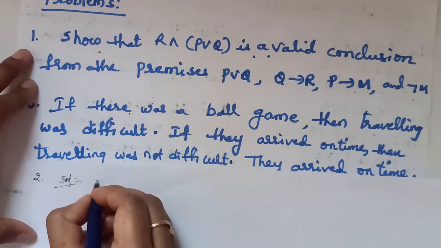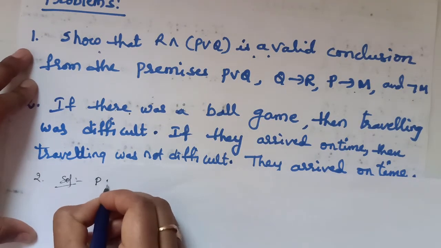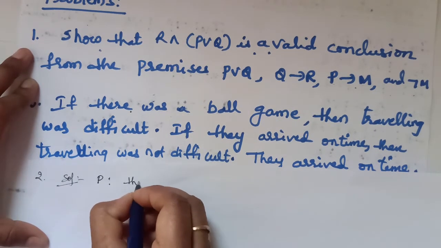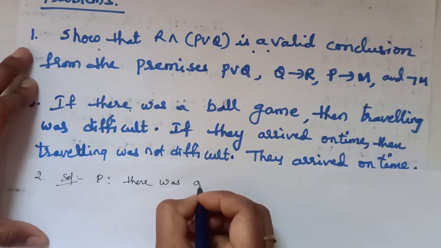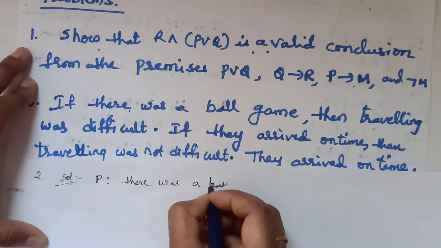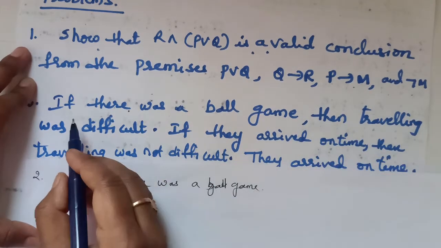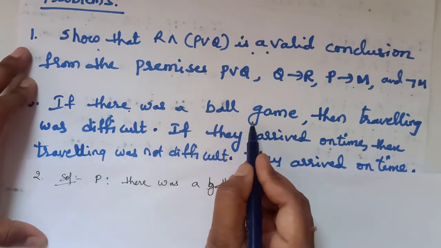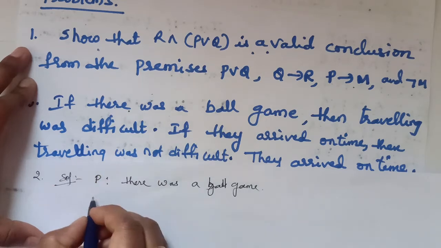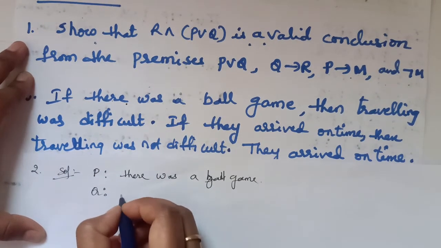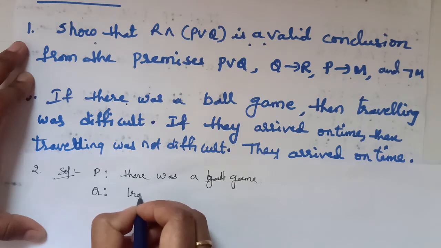You should define a proposition. Let P be the proposition that there was a ball game. Then you should also define another proposition Q: traveling was difficult.